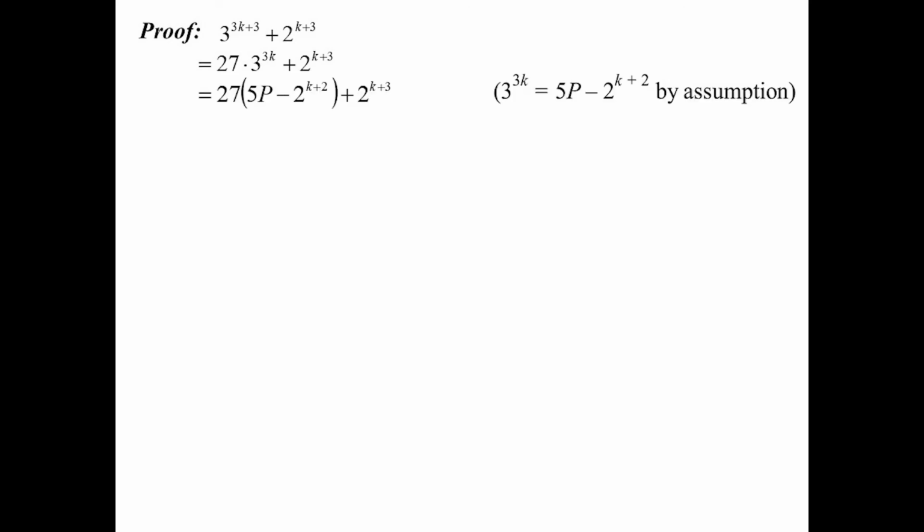What I'm going to do is rewrite the first term there as 27, 3 cubed, times 3 to the power of 3k. 3 to the power of 3k, I'm going to say is 5p minus 2 to the power of k plus 2. Have a look at the assumption. That is the assumption. All I've done is I've moved the 2 to the power of k plus 2 to the other side. So I'm saying, hey, I could substitute in then for 3 to the power of 3k, 5p minus 2 to the power of k plus 2. Okay?